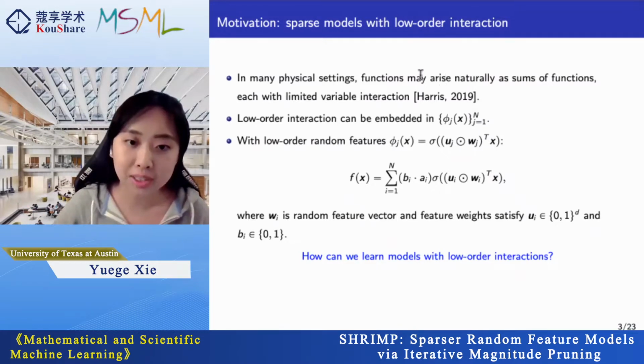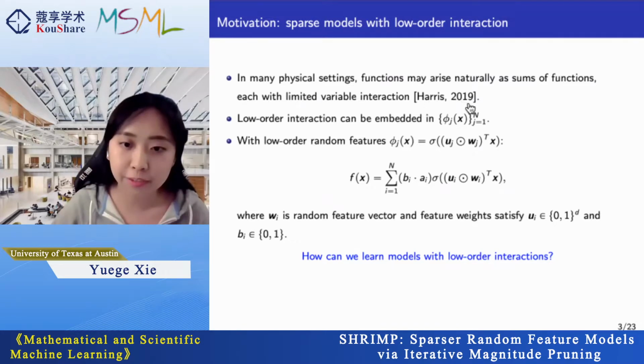That's what we call limited variable interaction. This kind of low order interaction can be embedded in the component function phi_j(x), as I mentioned before.